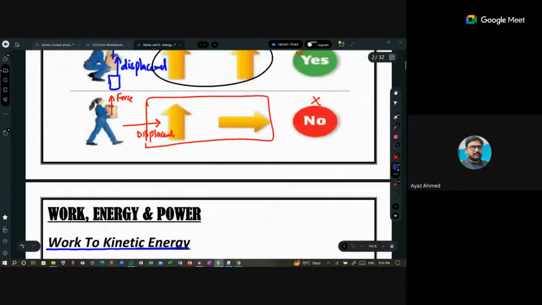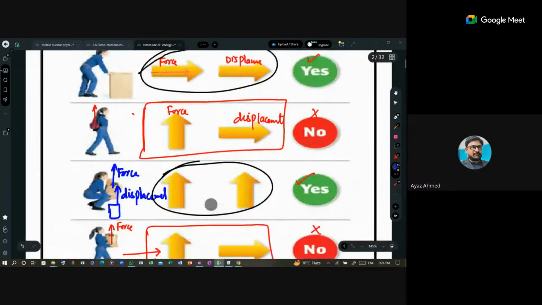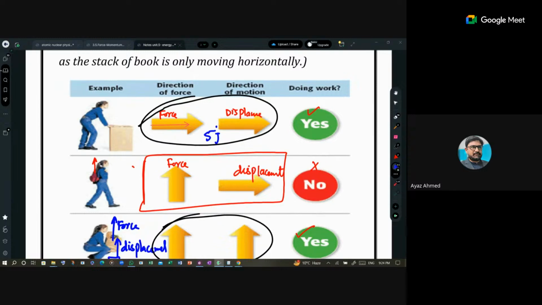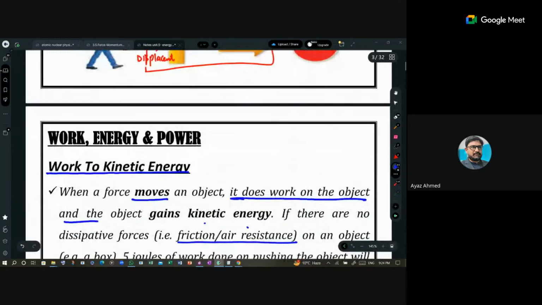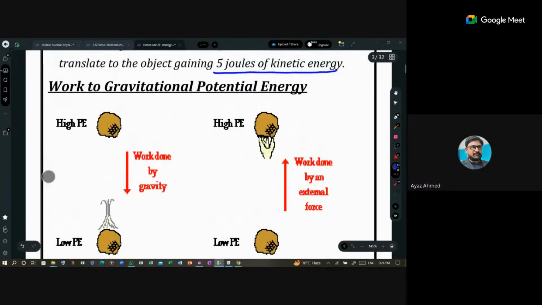I mean to say that if she is pushing the box in the first diagram and she is doing 5 joules of work on it, then definitely this block will have some kinetic energy stored in it, 5 joules. I will discuss the equation and all that stuff again.